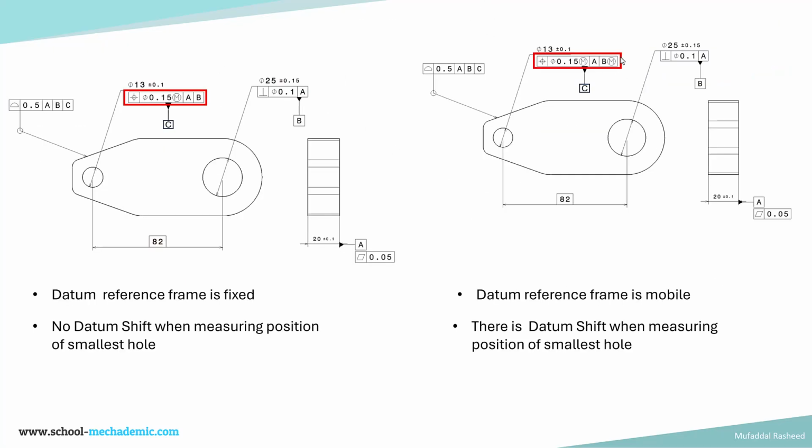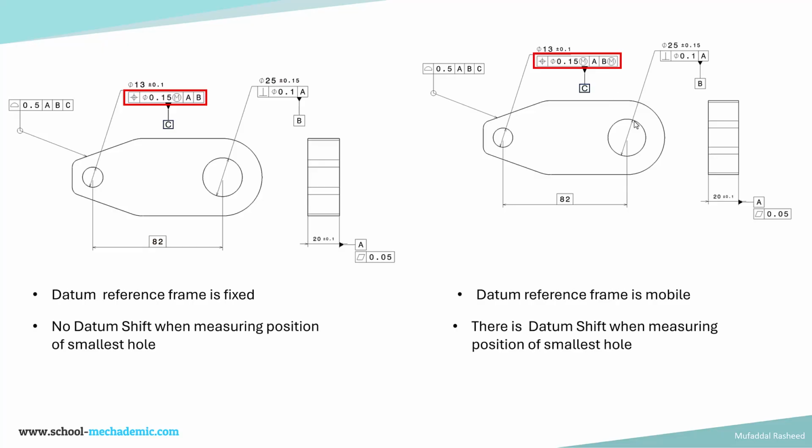So what this basically means is that this position control is applied in the condition that the part is rested on primary datum feature A and it is constrained in its location with respect to datum feature B at maximum material condition.